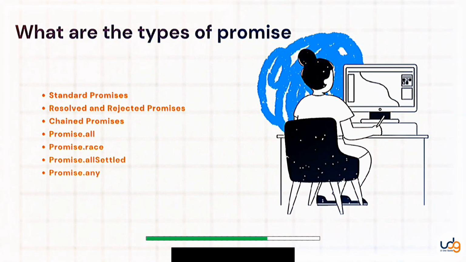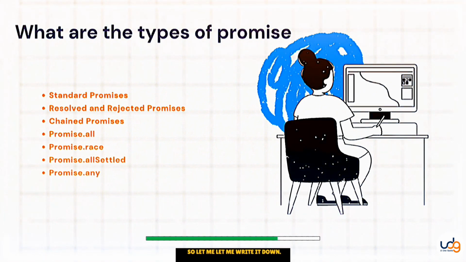Read about the other ones as well, race and settled. No, I didn't hear about that. Let me write it down. I'm also writing, so at the end I can also share.